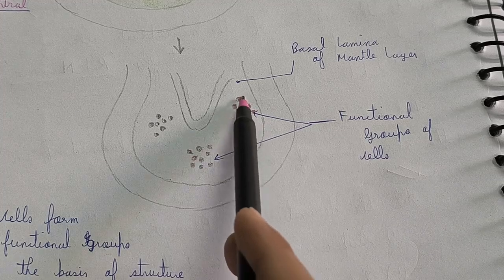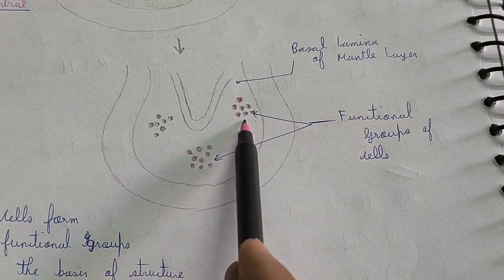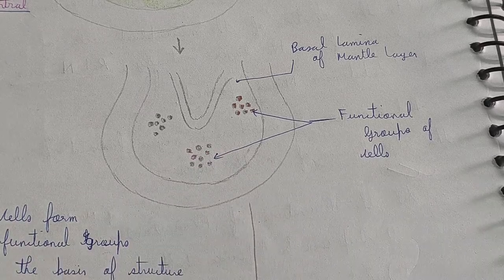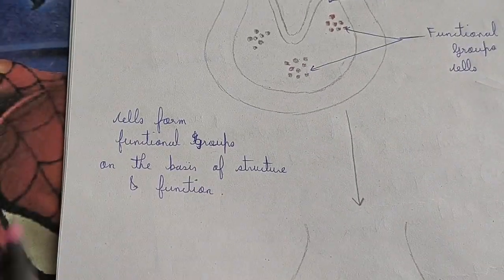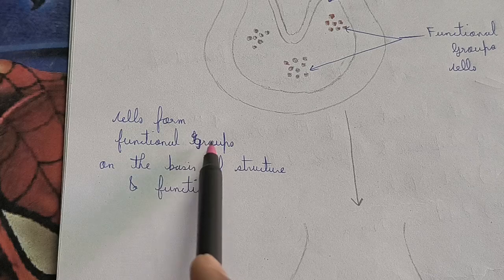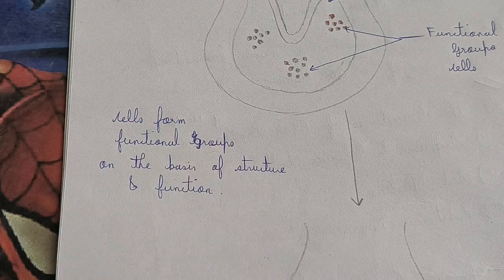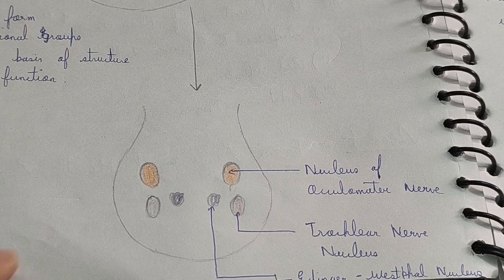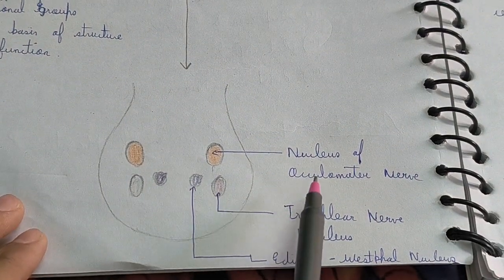They have similar structures and similar functions. So I have written that developing cells form functional groups on the basis of structures and functions. As a result, different nuclei form for cranial nerves.